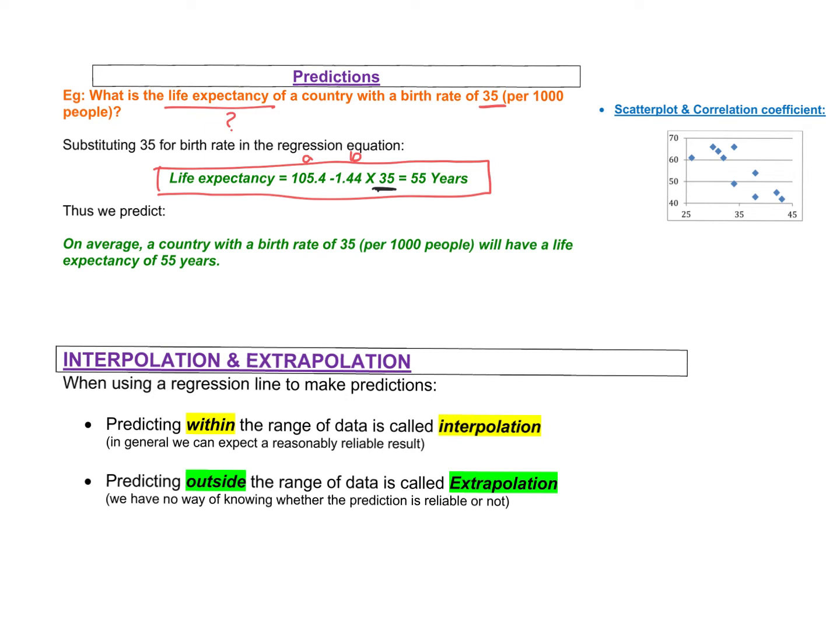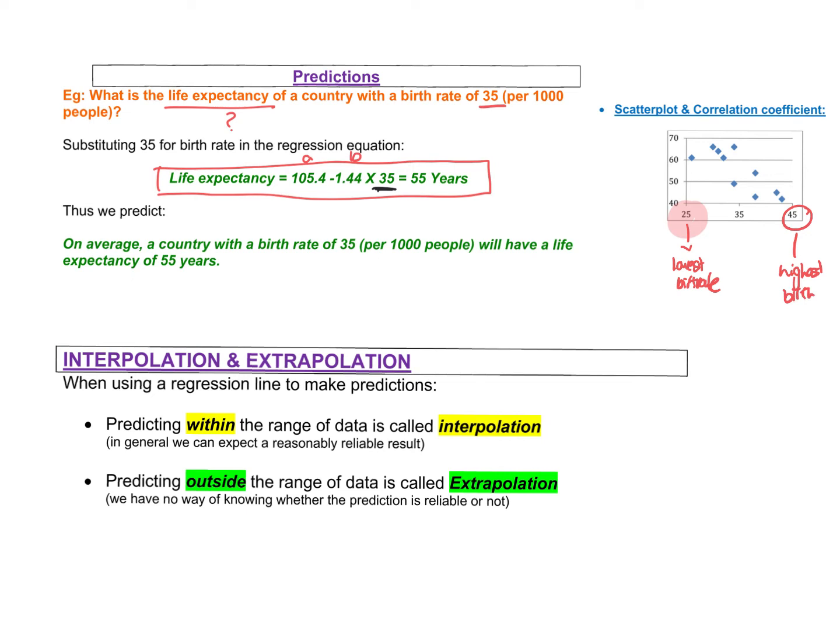So can you see in this example, one of our lowest birth rates was actually 25. So this was our lowest country birth rate. And our highest birth rate was like 45 or whatever, so the highest birth rate.